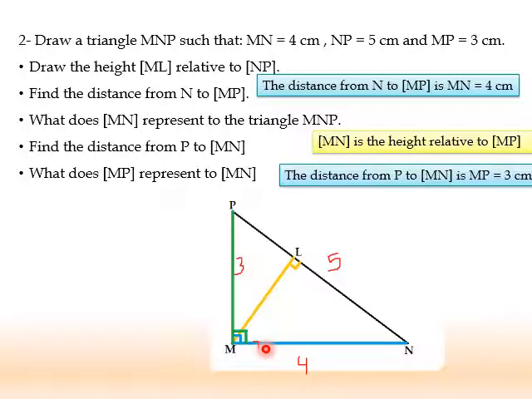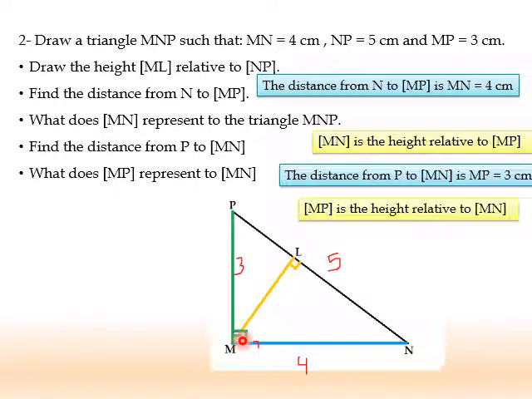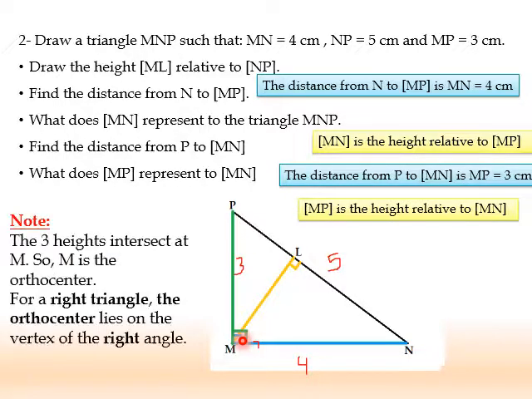Last part, what does MP represent to MN? Look, MP is perpendicular to MN, so simply I can say that PM is the height relative to MN. Okay?